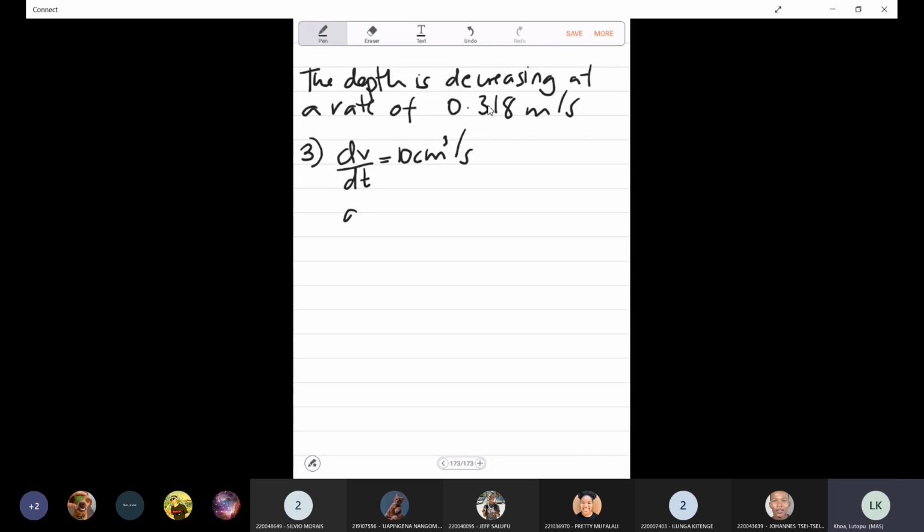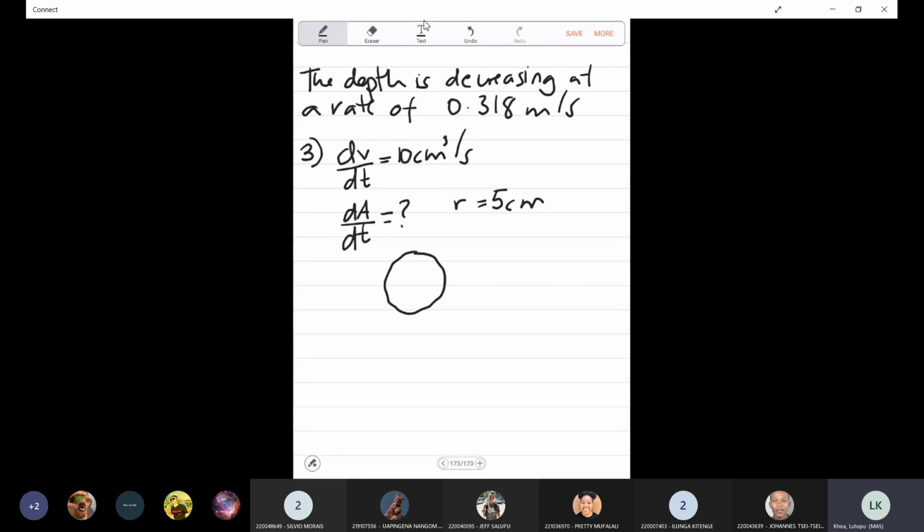So we're looking for the change in the surface area with respect to time when the radius is 5 centimeters. When given a balloon like that, it's getting bigger and bigger. At the point when the radius is 5 centimeters, what is dA/dt?